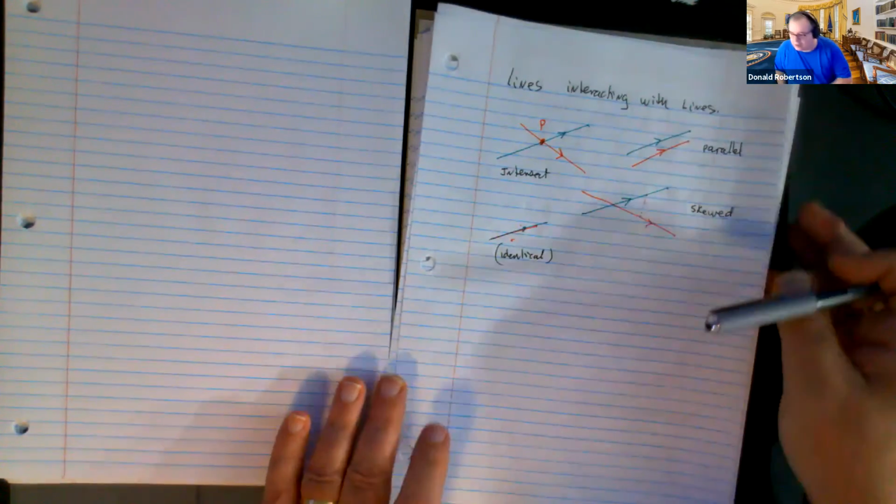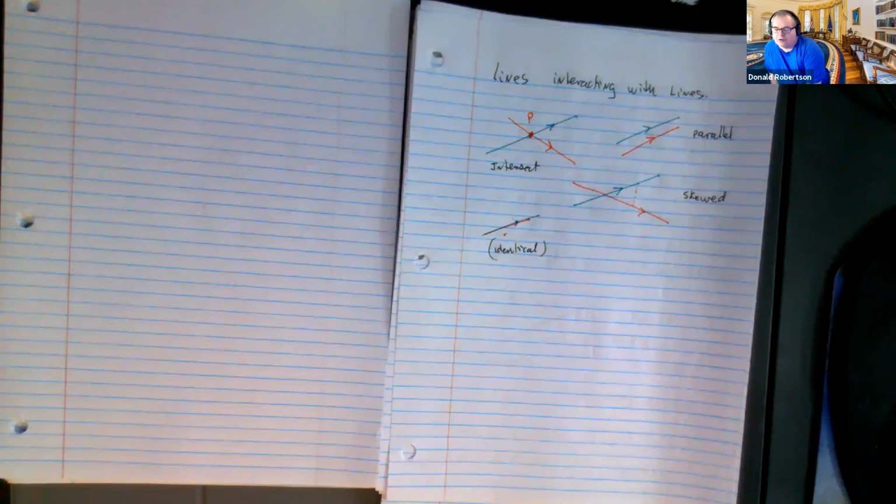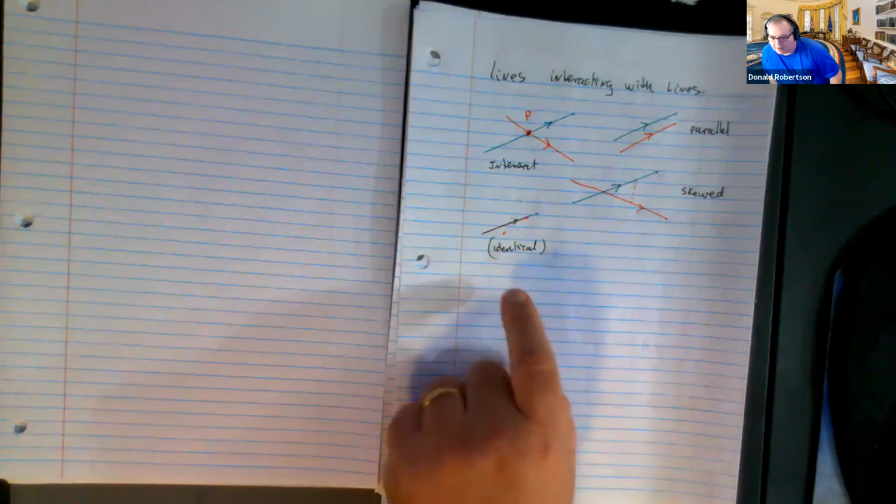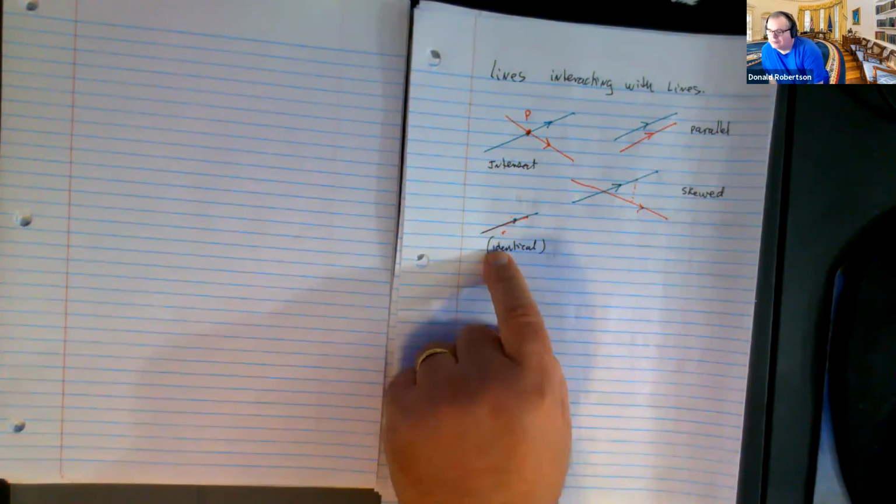So the last guy is, how does identical work? So let's suppose we found out that the lines were parallel, but we didn't know whether it was parallel because they were parallel and they never meet, or they were parallel because they were identical, right?